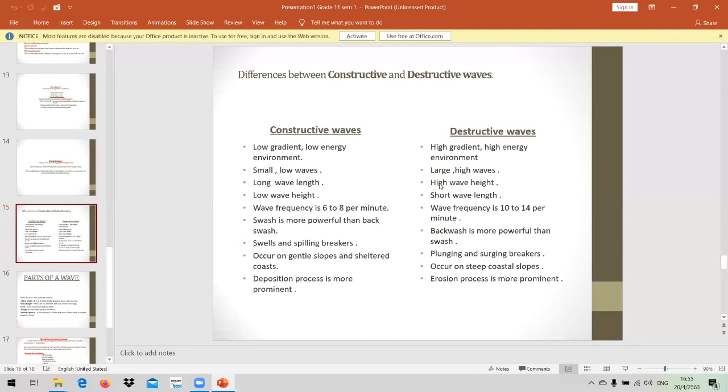Destructive waves have large, high waves. Constructive waves have small, low waves. Third, constructive waves have a long wavelength, while the other has a short wavelength.